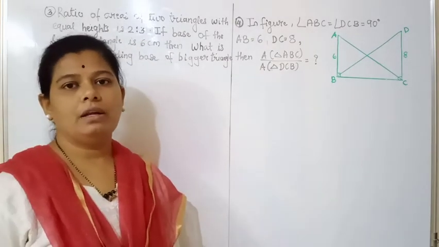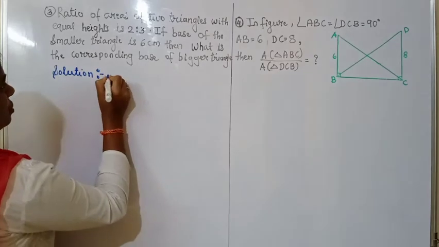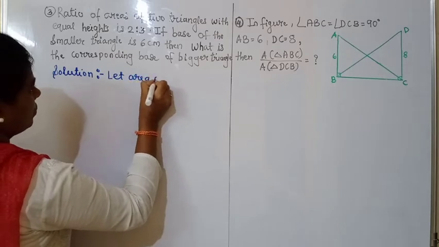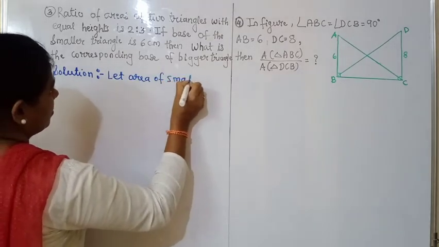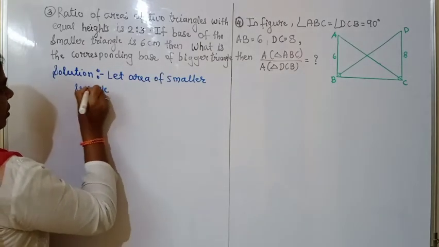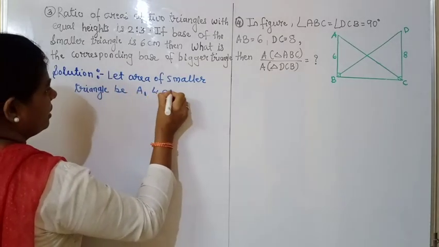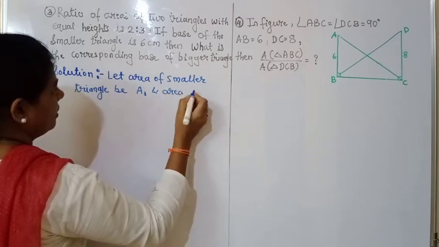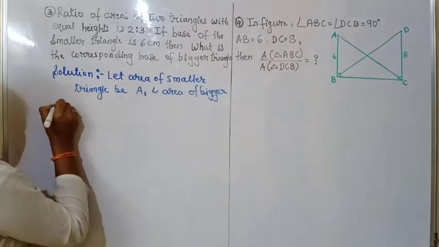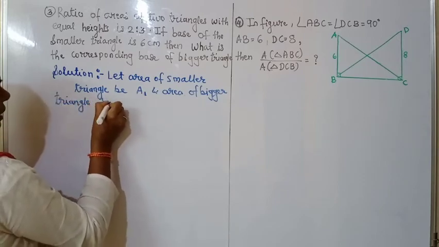So we'll consider: let the area of the smaller triangle be A1 and the area of the bigger triangle be A2.